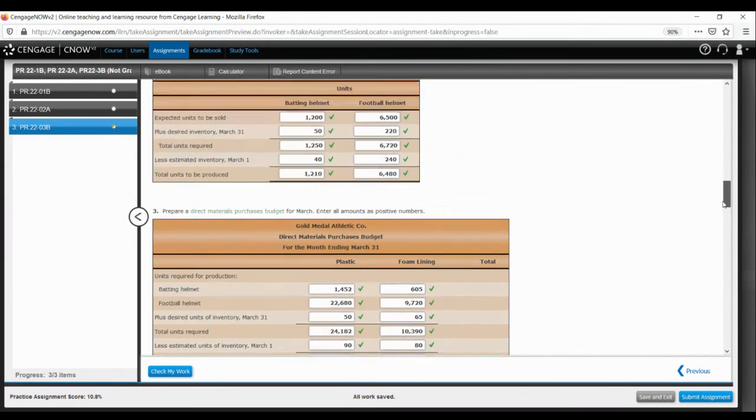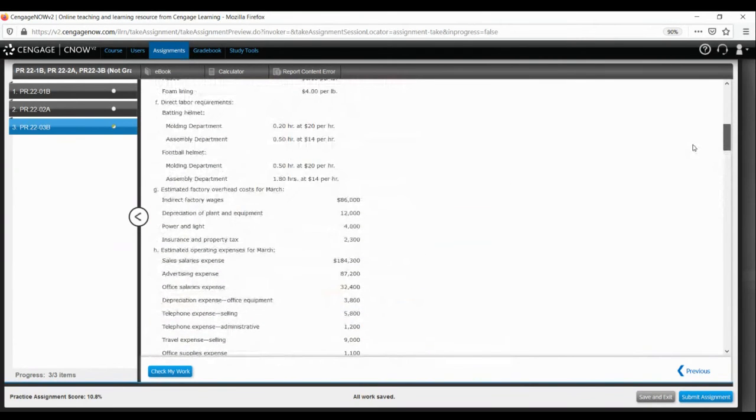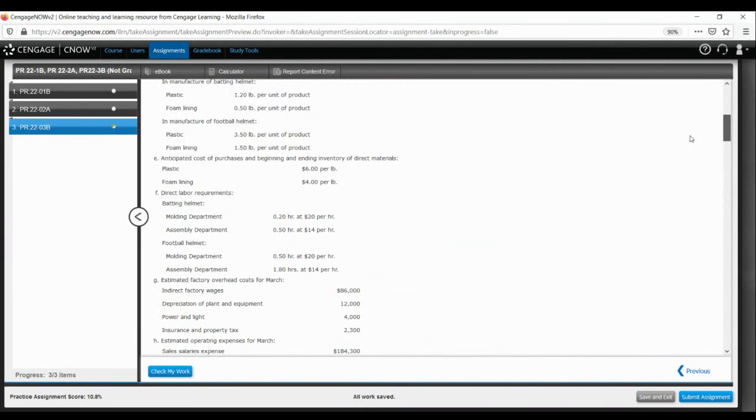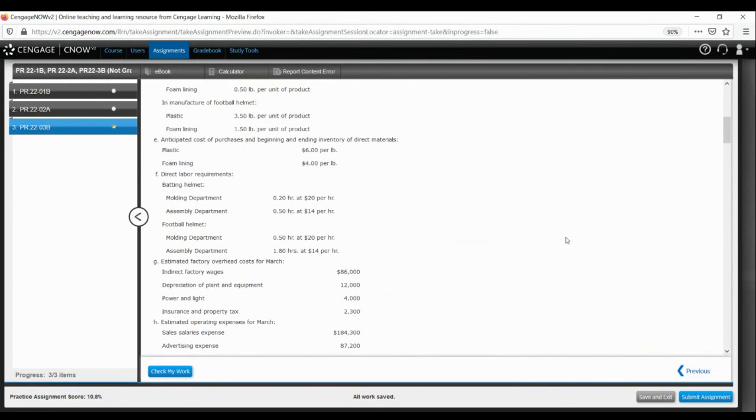I'm going to multiply that by the time it takes to produce one helmet in the assembly department for the batting helmets, which is a half an hour.